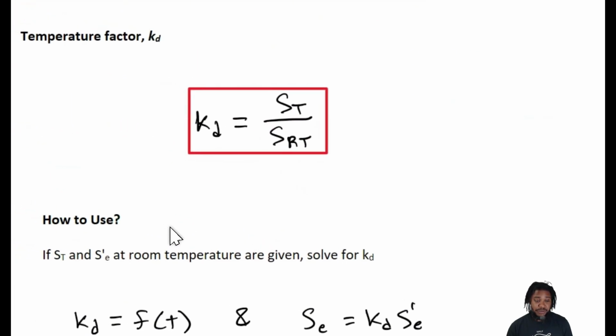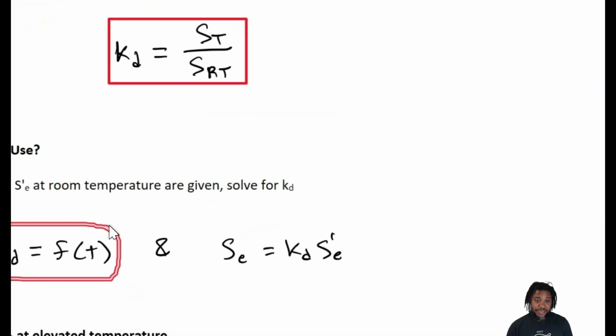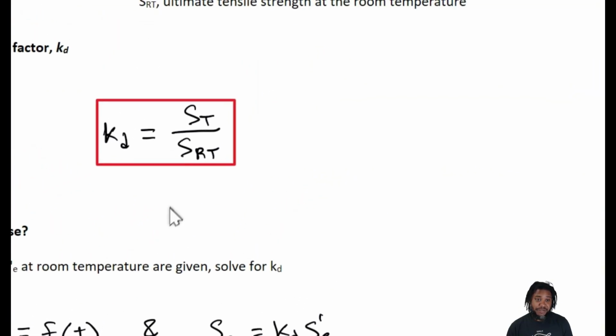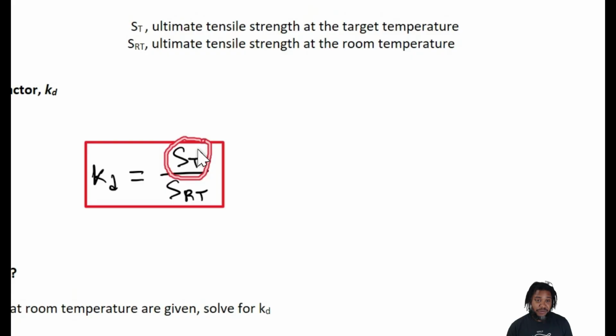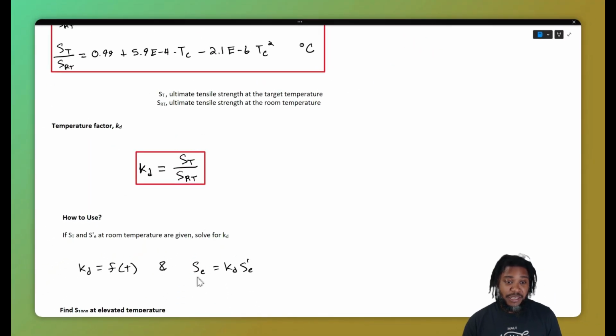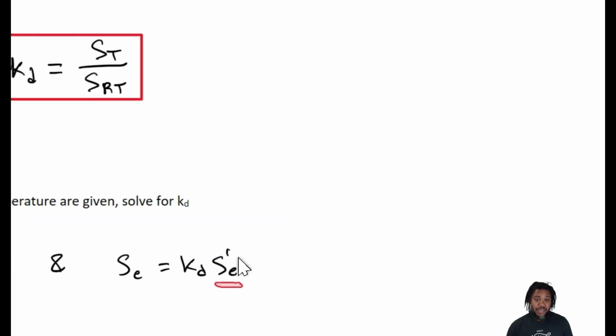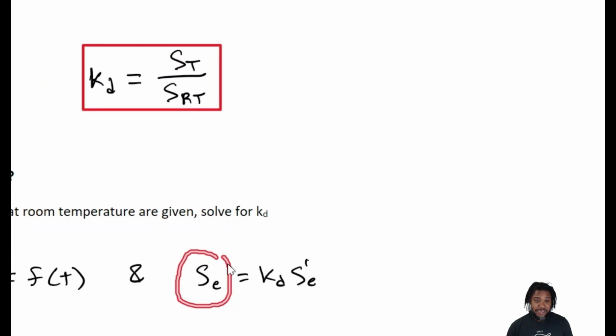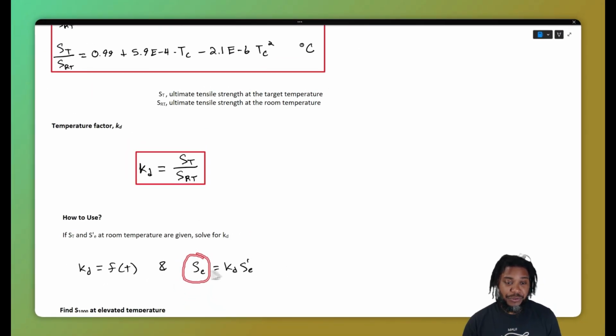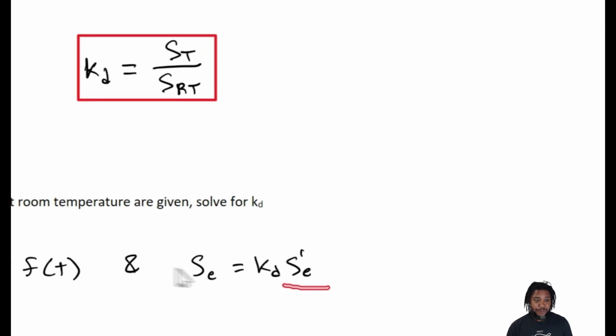Now, the temperature factor is simply that ratio of the target temperature over the room temperature strength. How do we use it? Well, first we calculate the KD, and then we can find ST, our target temperature strength. And if we know the room temperature endurance limit, we can use the KD to find the actual endurance limit at temperature.